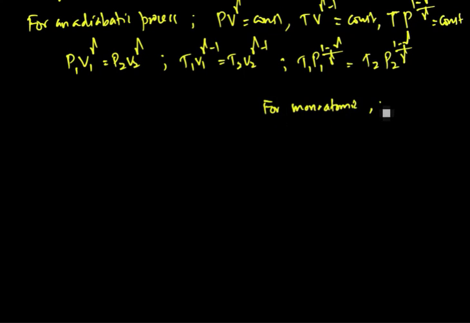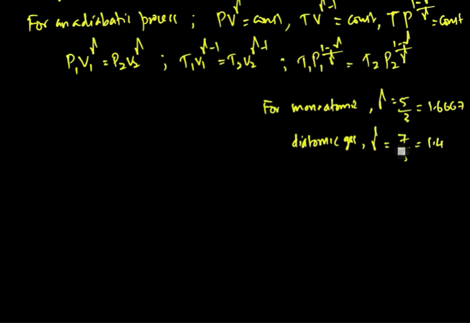For a monoatomic gas, gamma is equal to 5 by 3, which is equal to 1.6667. Then for a diatomic gas, the value of gamma is 7 by 5, which is equal to 1.4. The example for a diatomic gas is air.